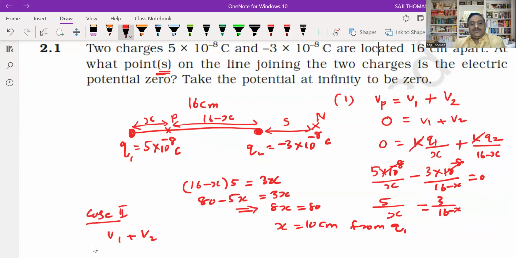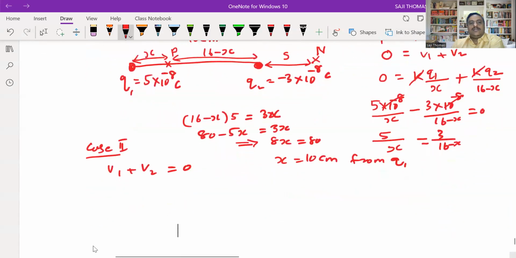V1 plus V2 equals 0. So what is V1? Potential at the point N from charge Q1. K Q1. What is the distance from Q1 to N? Q1 to Q2 is 16, plus S will come. So 16 plus S, plus K Q2.